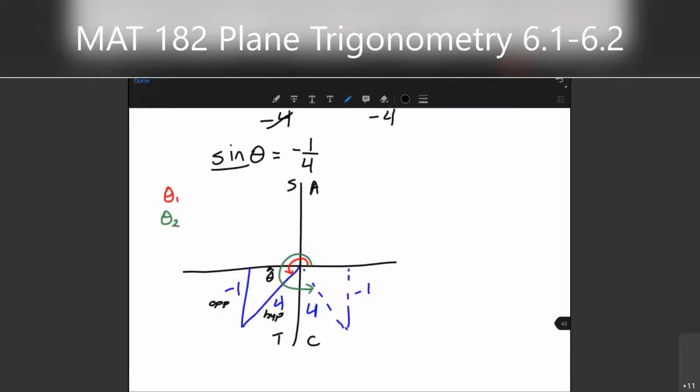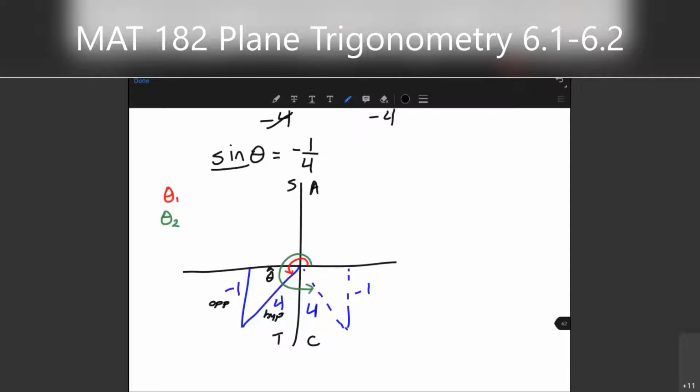Okay. Any other questions before we get to the solving with our calculator here? Okay, so let's consider now how we're going to solve this one. It's a little bit different because these ratios here are not on our unit circle.